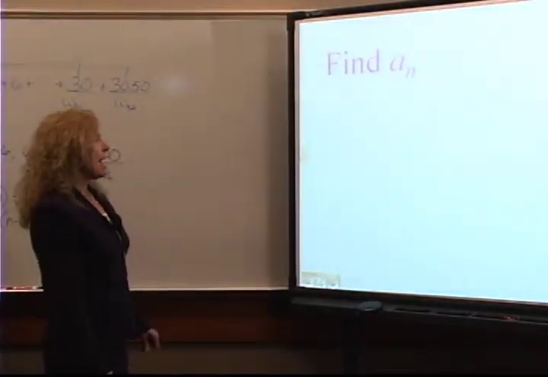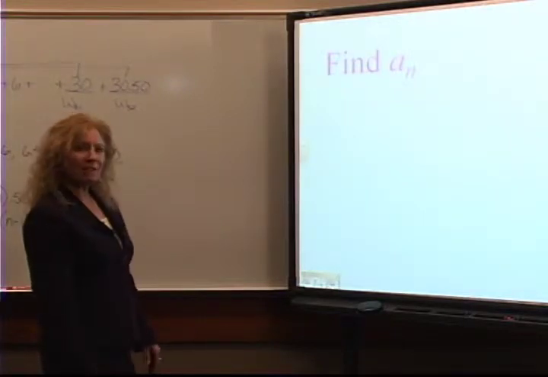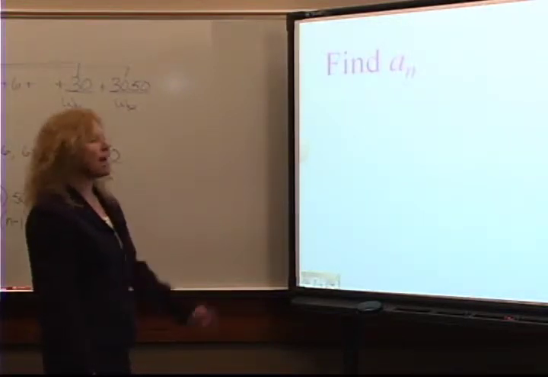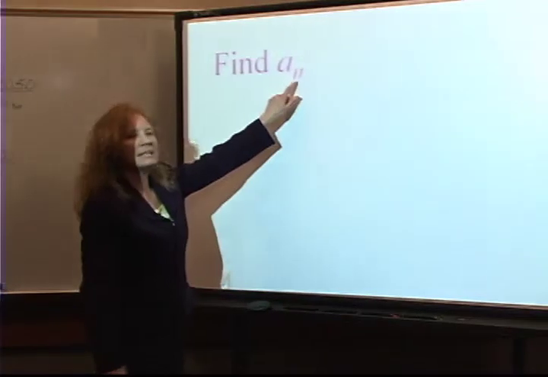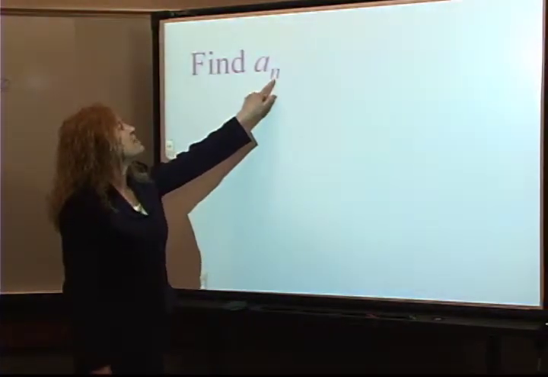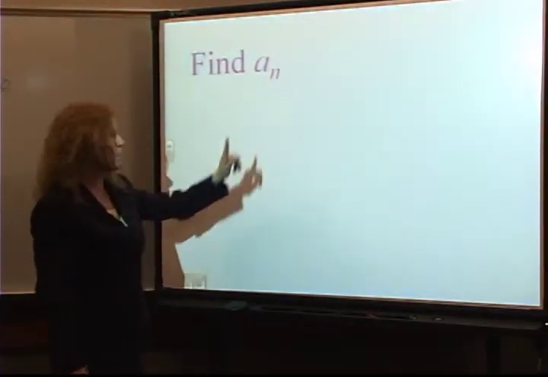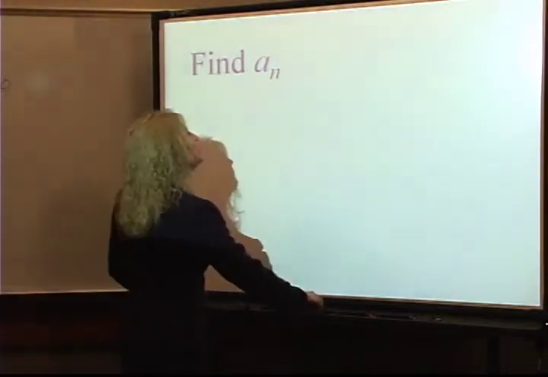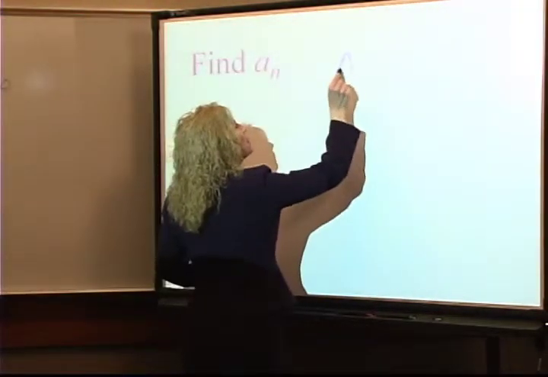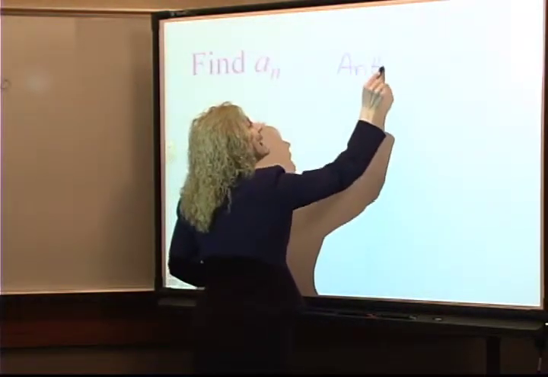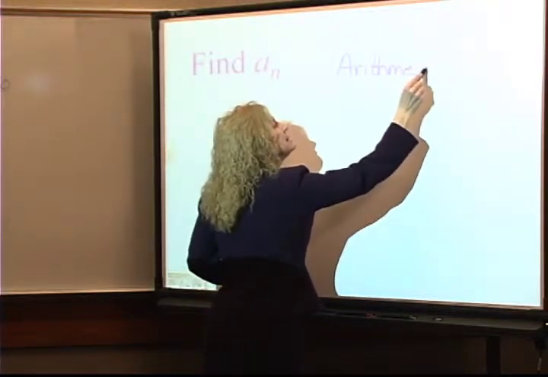Now, by the way, we have a formula here for finding a sub n. What does this mean? This means finding the nth term. And a note we need to make is this is when we have what we call an arithmetic sequence.